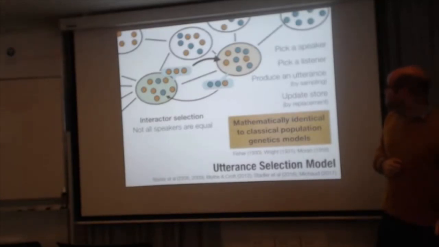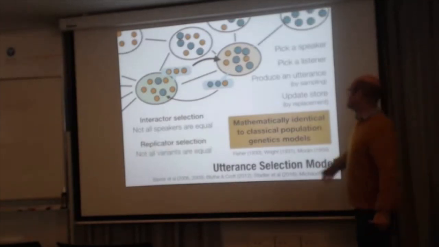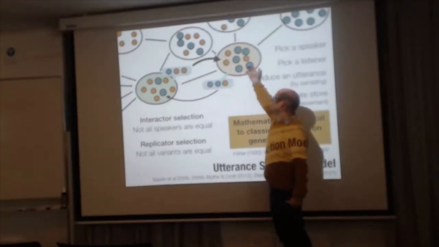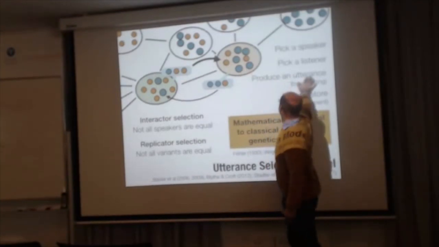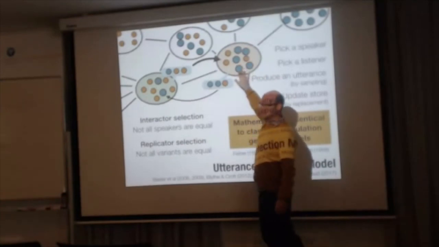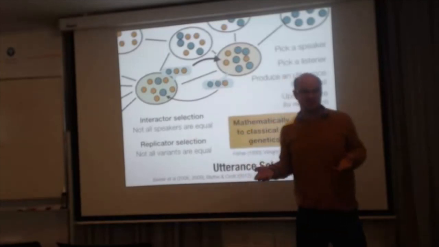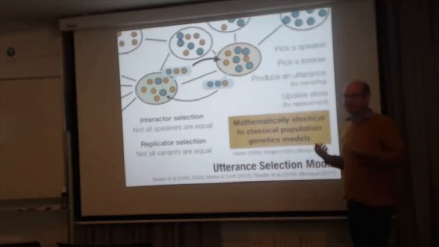Replicator selection was the one that said that, for whatever reason, one of the variants is better than the other, and again that's fairly easy to do. We just increase the weight of one of them relative to the others. So when this person is sampling, instead of doing it uniformly, they might choose the blue one systematically slightly more than the yellow one, because it's shorter or because it's associated with a speaker they want to be identified with, or whatever motivation you want to put in there.